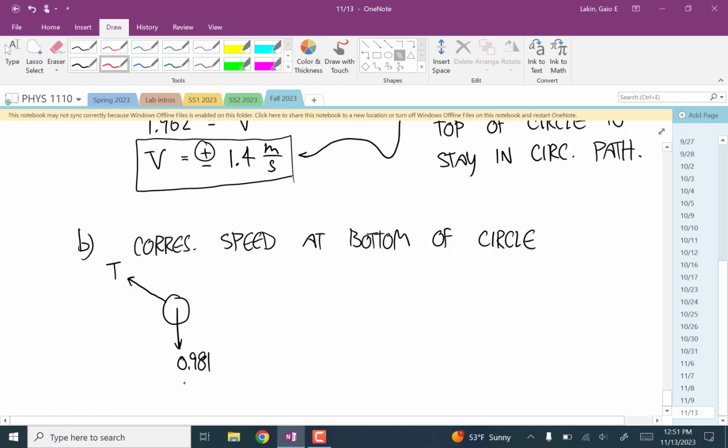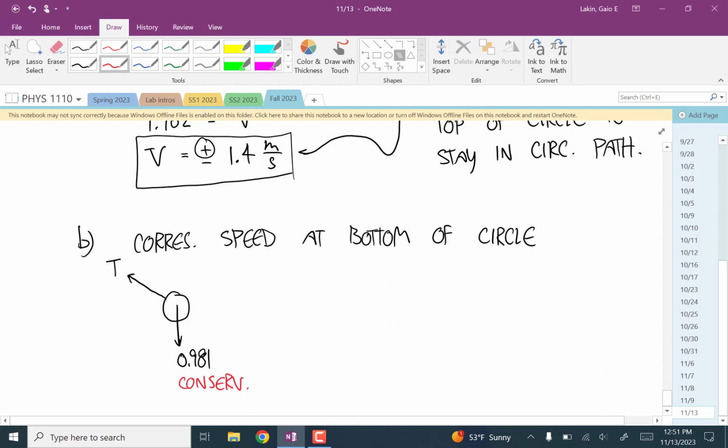The weight force is conservative. We have a potential energy function for the weight force, so that's fine. What about this cable force? We don't have a potential energy for that, right? This is non-conservative. But notice that this cable force is always acting toward the center of the circular path.